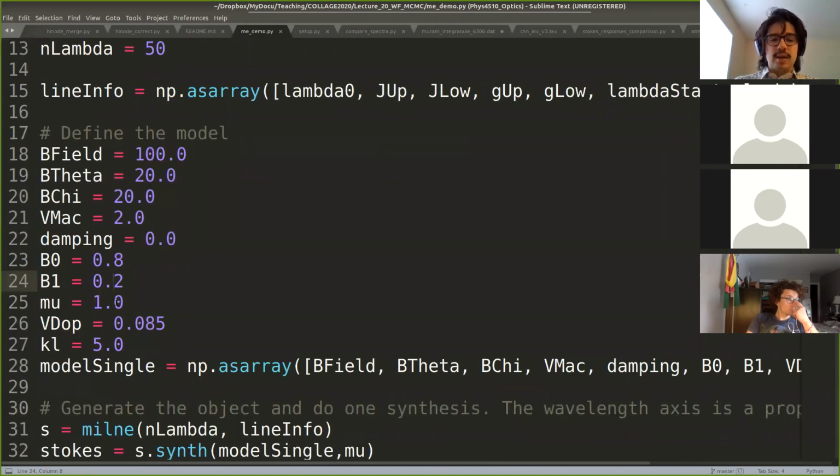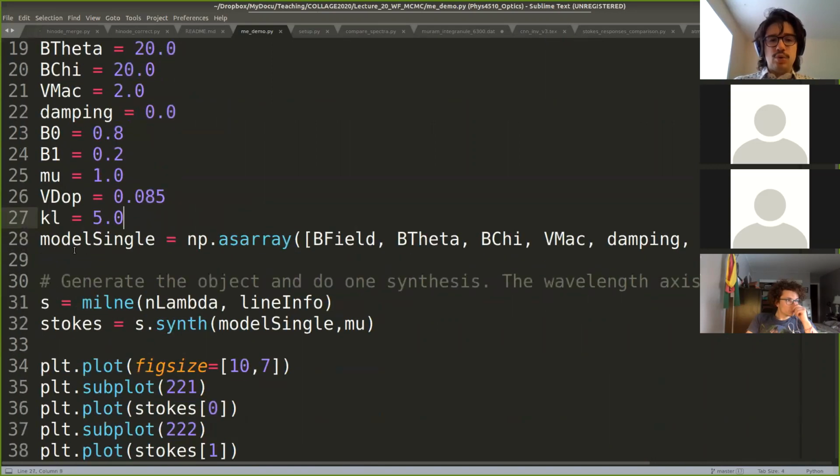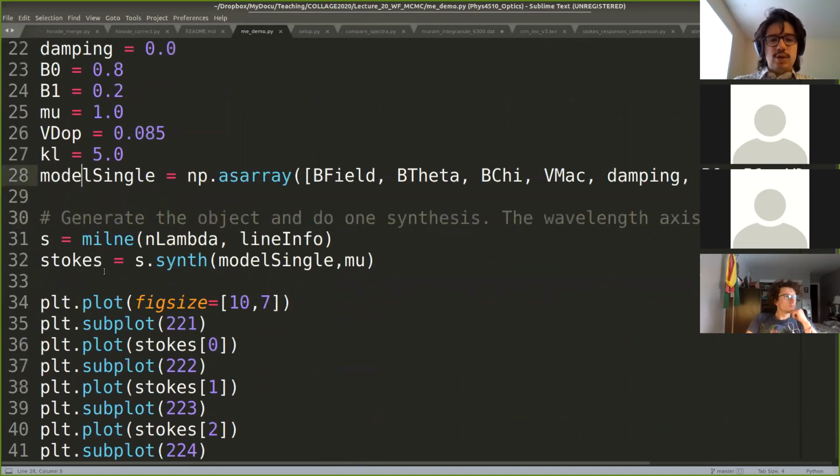Mu is the position on the limb, so we usually want mu equals 1. Doppler width here, and KL is the strength of the line. And then you define that as the model, and then you define this S, which is like an object. And then if you do S synth, it will return you the Stokes parameters.